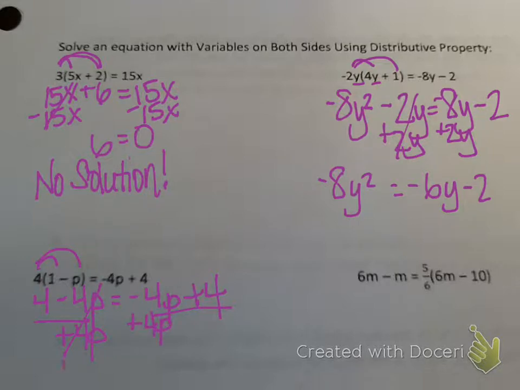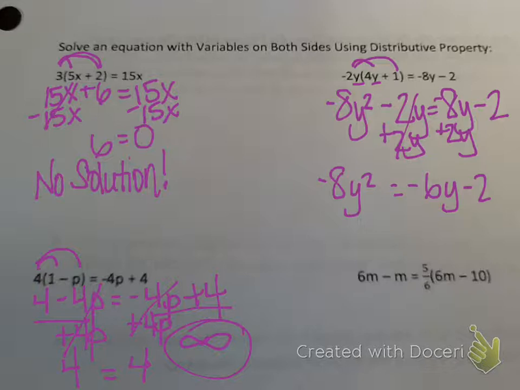And I end up with 4 left over on this side. Those cancel. And 4 left over on this side. And since 4 does equal 4, this is infinite solutions. No matter what number you pick, if you put it in this equation, it will come out equal.